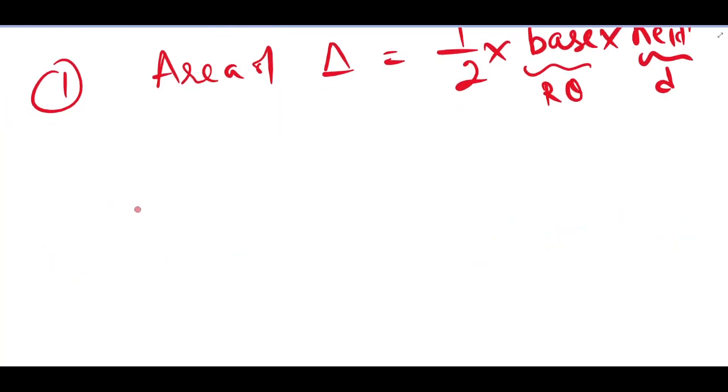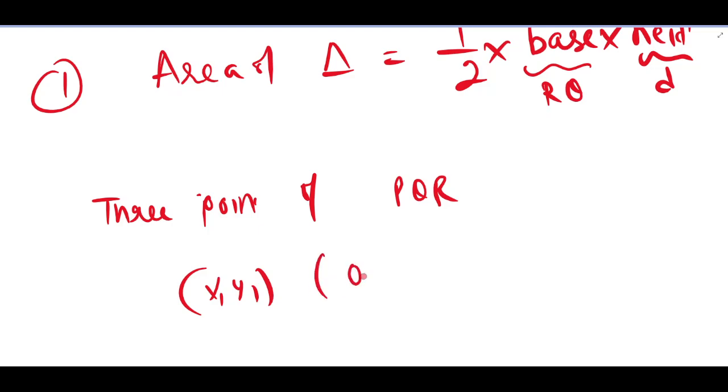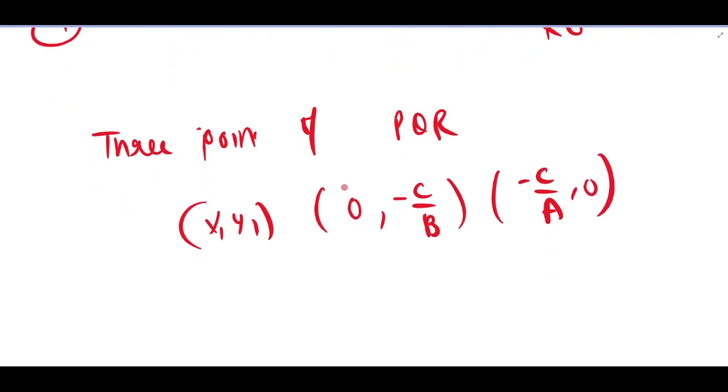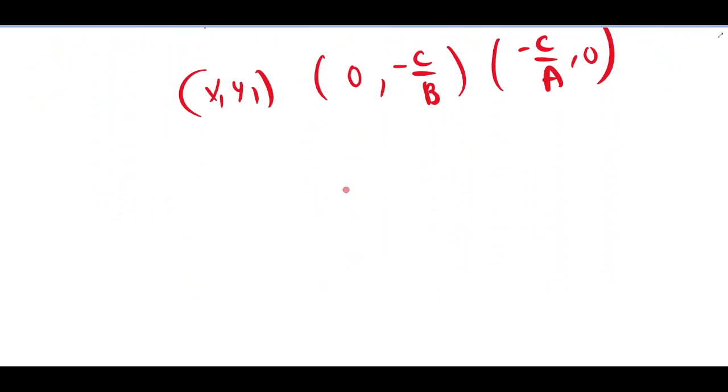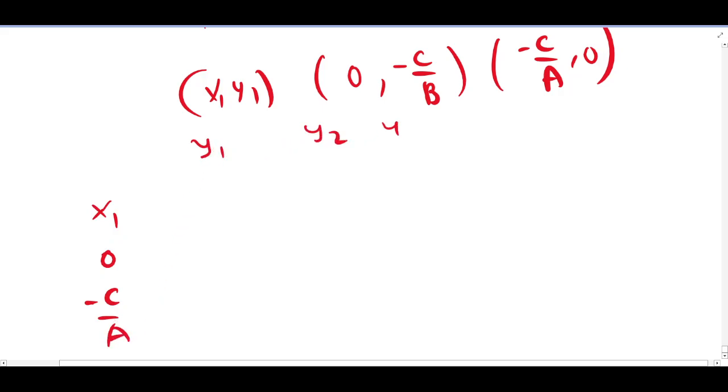So we are given 3 points of a triangle PQR, that is x1 y1, and 0 comma minus c by b, and minus c by a comma 0. So first we find the area of the triangle. So we have 3 points, x1, 0 and minus c by a, and y1, y2, y3.